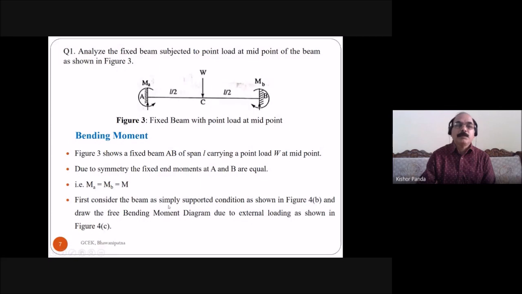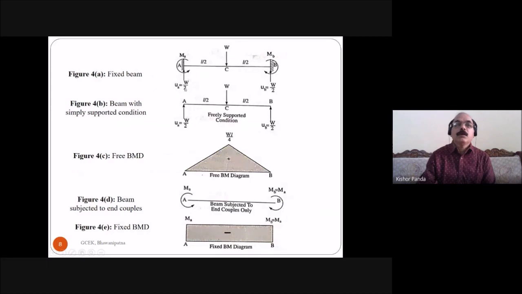First, consider the beam as a simply supported condition. I have already explained that you have to draw the free bending moment diagram due to the external loading. Here you look at this figure. This is the fixed beam with the central loading, and this is the simply supported condition. In the simply supported condition, you have to remove the fixed ends and take simply supported ends, with the load W given on the beam.